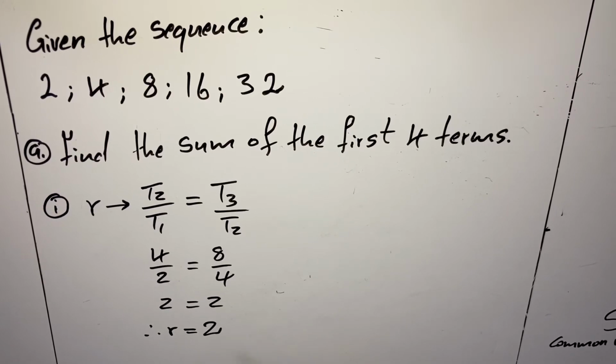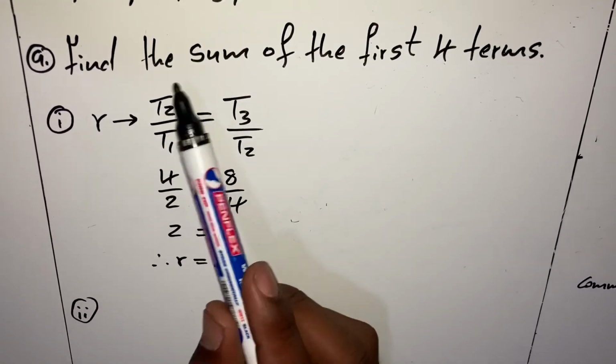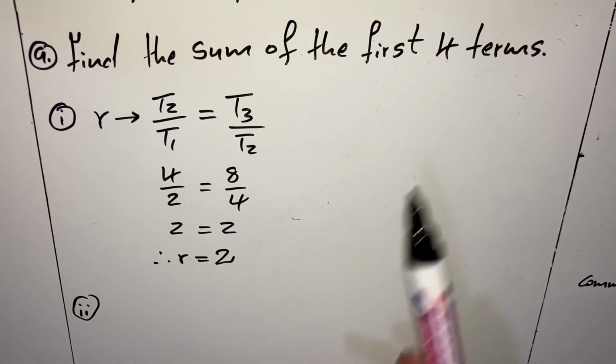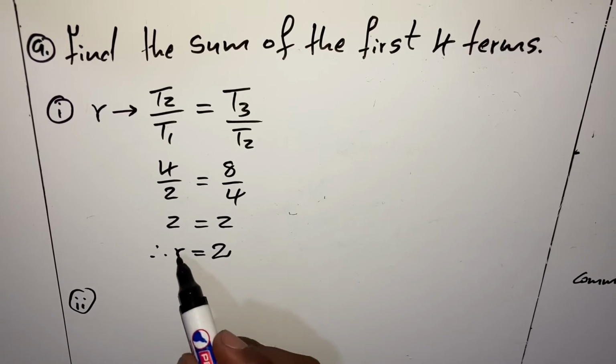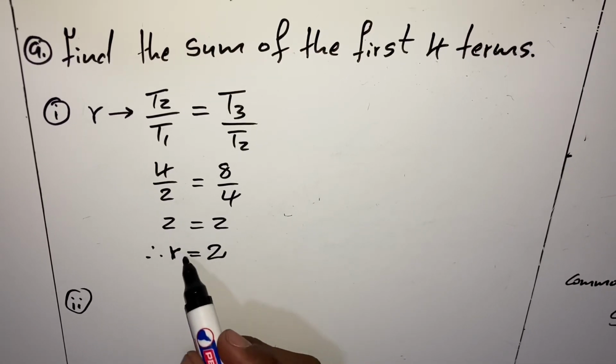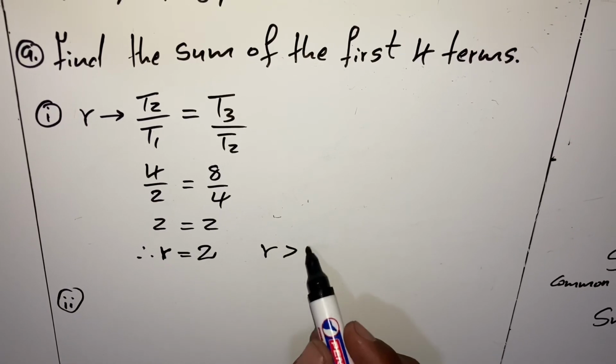So now, Roman figure 2, we now answer the question. Find the sum of the first 4 terms. For the sum formula, you look into our R. This R is greater than 1.